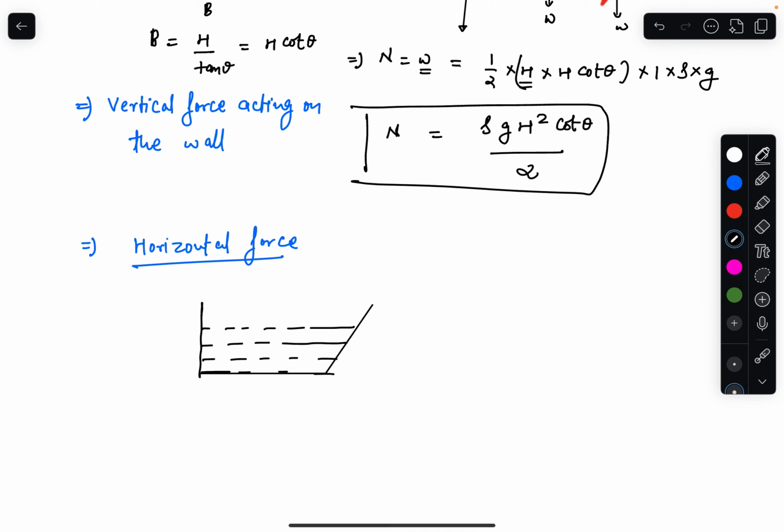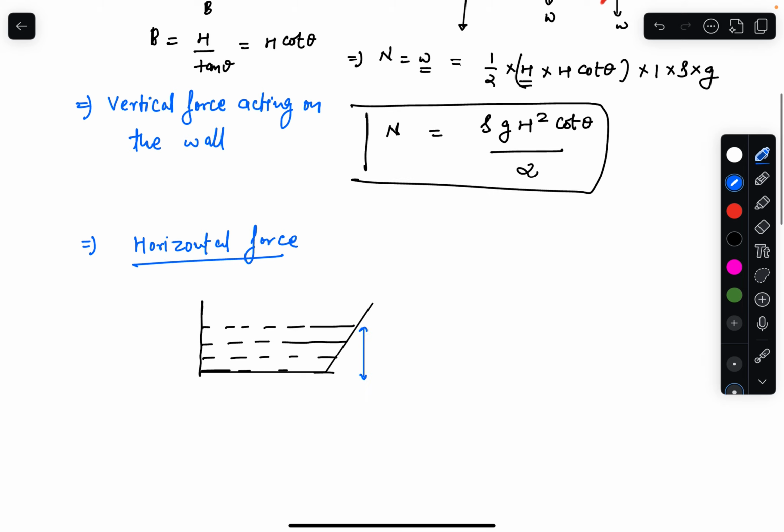Then it will have some projection on the vertical axis. Why am I taking this projection? Because I need to find out the horizontal force on this part. So that's why we'll take the horizontal projection of this one.